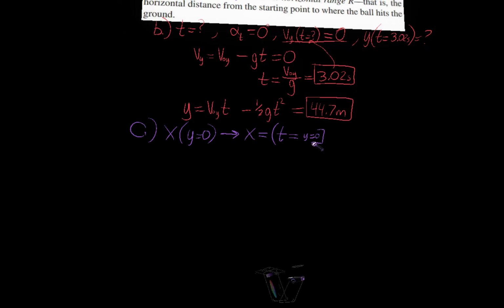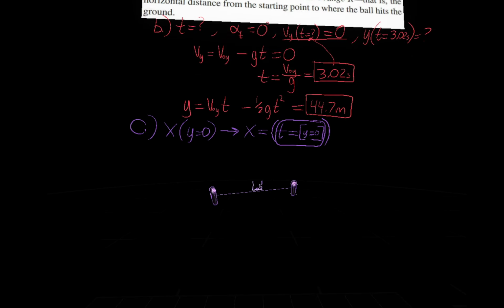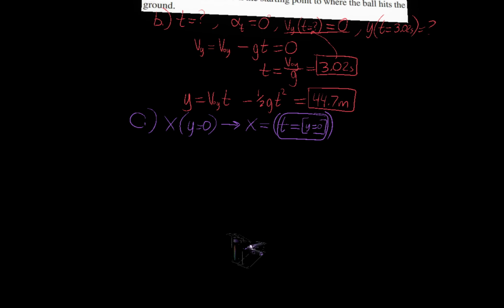So whenever this event happens, y is equal to 0. Whatever time that corresponds to, that's the x that we're trying to find. So let's deal with this first. So when does this happen? Right? So when is y equal to 0?